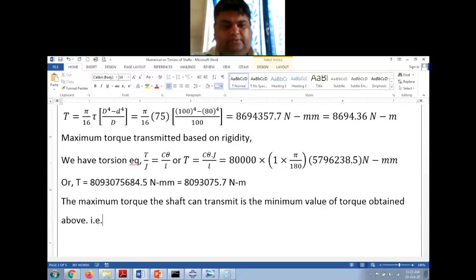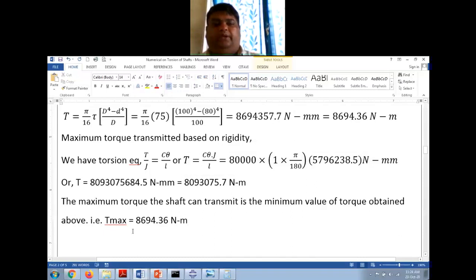So that is, which is this torque? It is this one. P max is equal to 8694.36 Newton meter, right? This is the maximum torque.